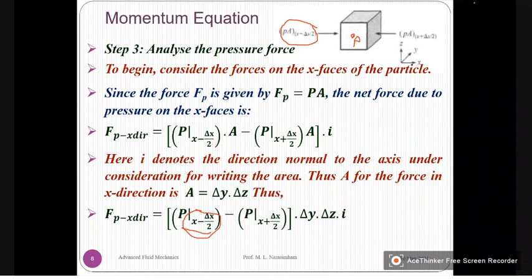See the coordinates of this point are x, y, z. So this surface is located at a distance of delta x by 2.